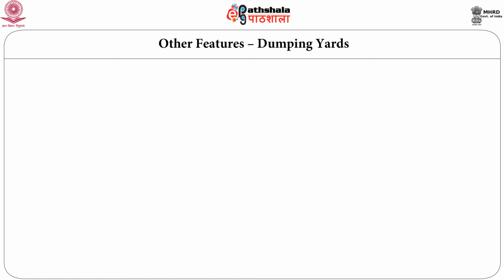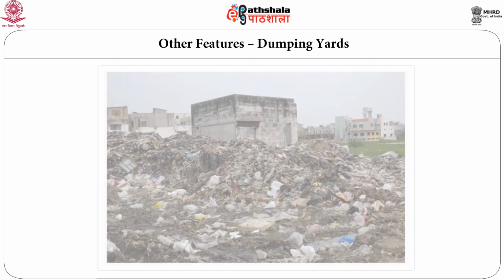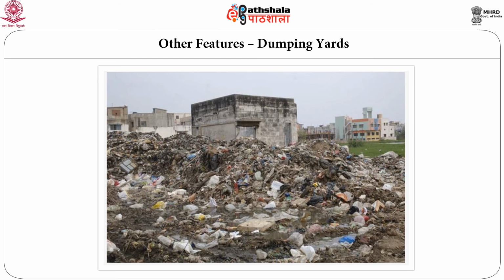The next factor would be a dumping yard. Now, the dumping yard is a place where all the waste from the city is brought and dumped. Now, if there is a dumping yard very near to the prospective site, a better decision would be to avoid it, because a dumping yard, besides being a source of smell, would also lead to rodent and other pest problems.